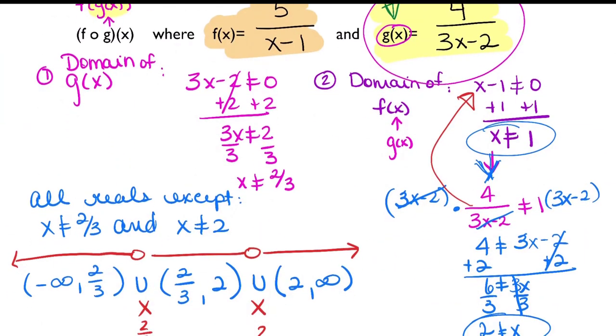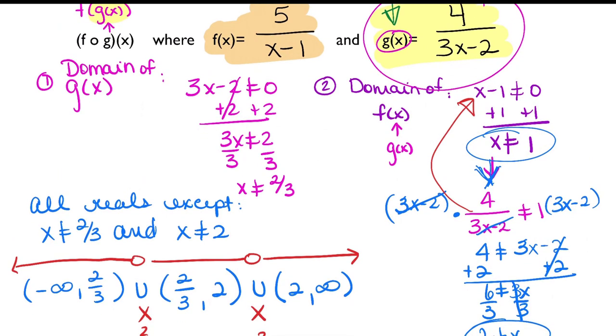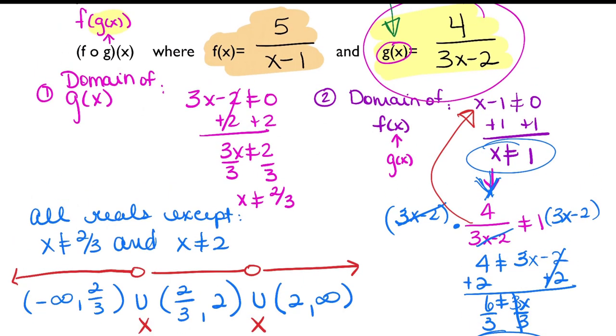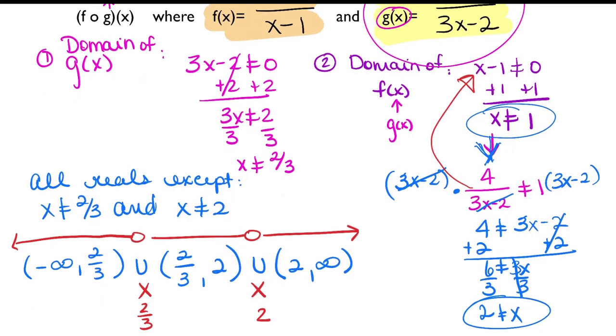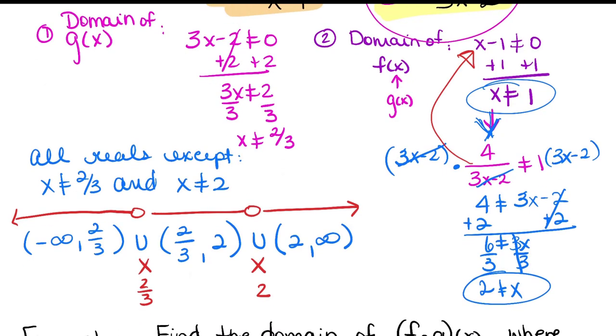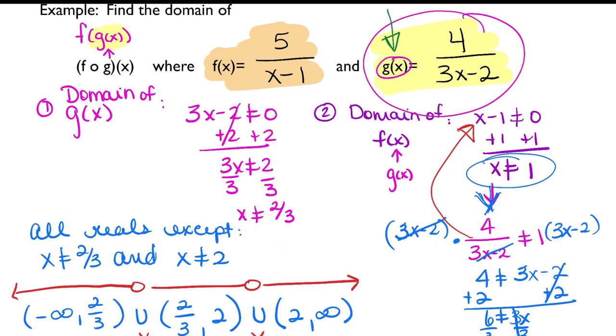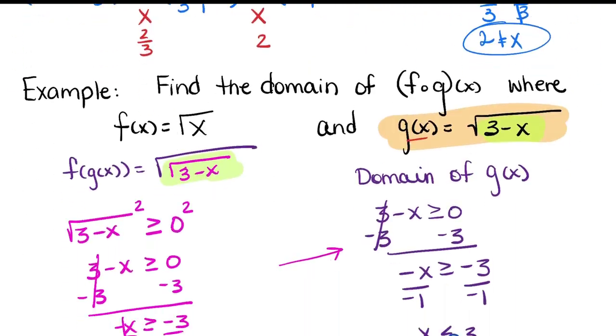Now I will say in this one, we kind of bypassed a little bit, because when we did f of g of x, we went ahead and found the domain of f of x here, and then set that equal to our g of x to break it down a little bit. But you could have plugged g of x into f of x and then found that domain, and it would have worked out the same way.